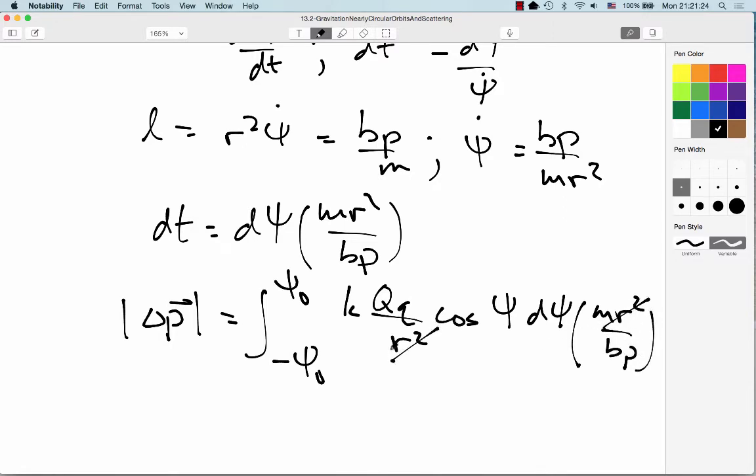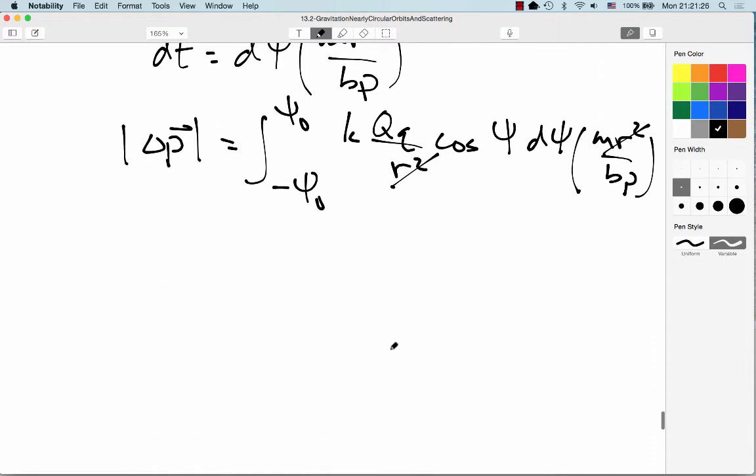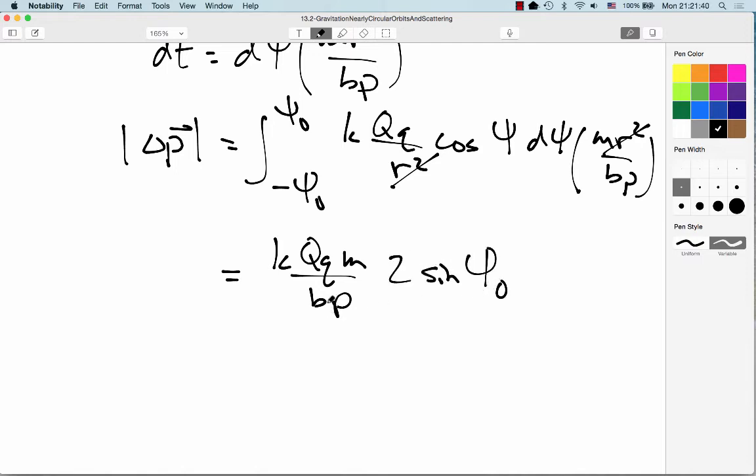Hallelujah, the r squareds cancel. So I can evaluate the integral. It's going to be kqqm over bp times 2 sine psi naught.